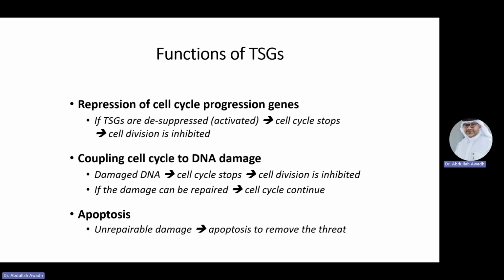If not, then apoptosis will ensue. Unrepairable damage leads to apoptosis to remove the threat. How does this happen? By the tumor suppressor genes. They repress the cell cycle progression genes, couple the cell cycle to DNA damage, and orchestrate apoptosis if the damage is unrepairable.